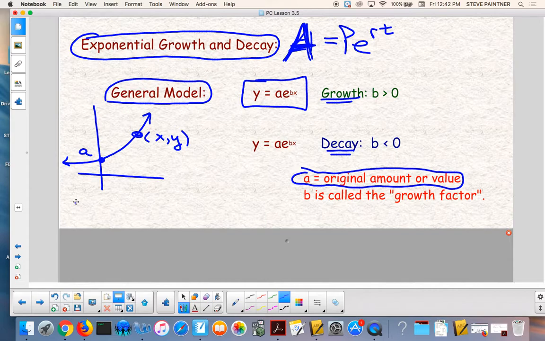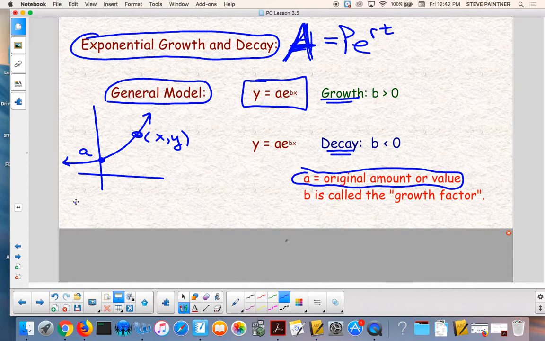Now remember, this could be decay. I just drew growth for you. Now, the question is, this R stood for your interest rate because we were talking about money. Well, this is a story problem, and we're not always talking about money. So this R becomes the coefficient in front of the time.